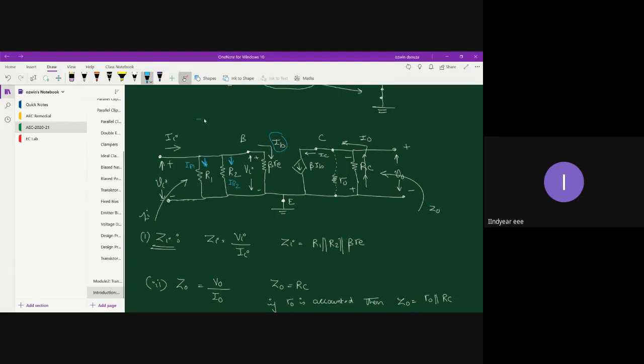One current enters, this is your II, then you have R1, then R2, and then beta RE. Current through R1 is IR1, current through R2 is IR2, and current through beta RE is IB. However, the voltage across all these resistors is VI.